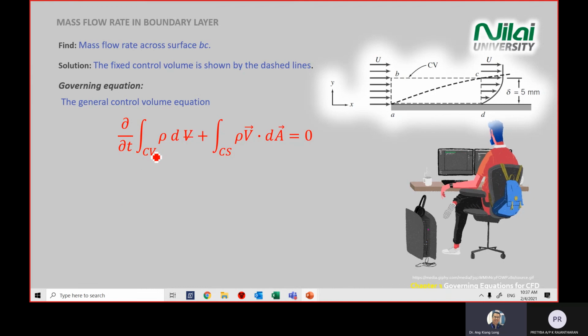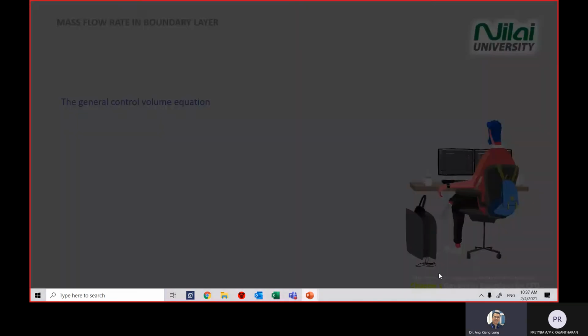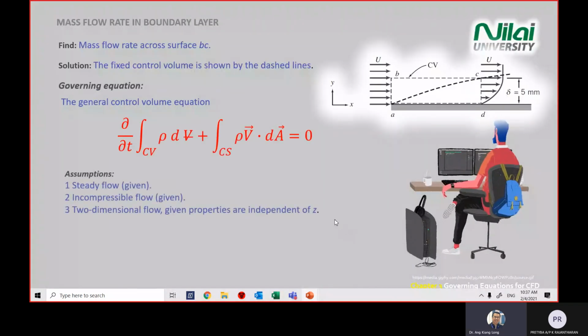So again, conservation of mass, especially when it comes to the continuity equation, we look at two domains. One is the control volume, another one is the control surface. So assumption, we have a steady flow, incompressible, and we're going to look at 2D condition, 2D flow.